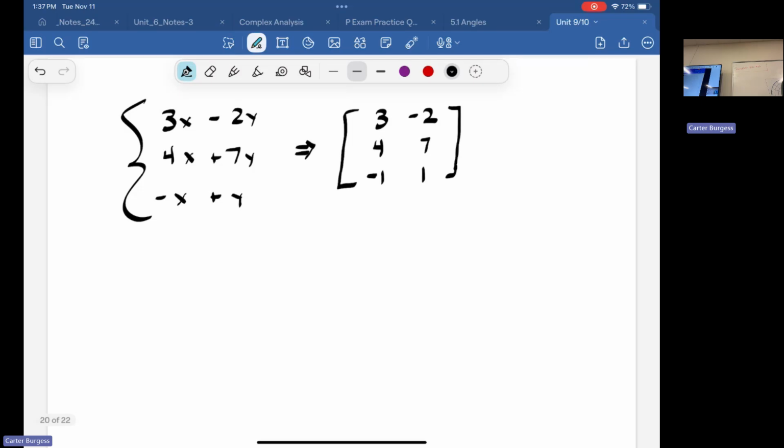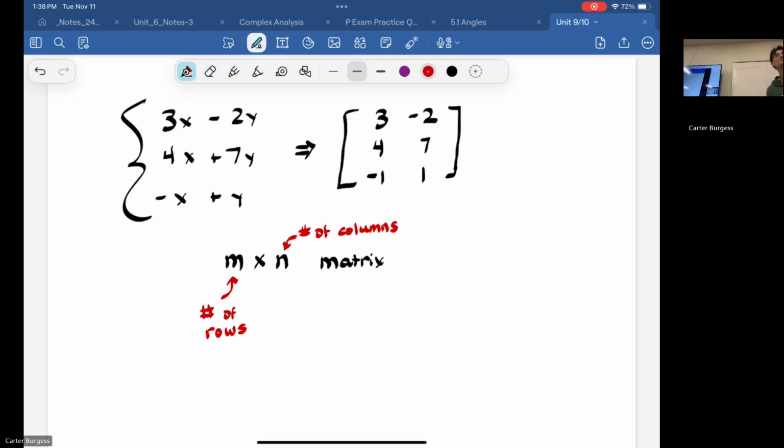So in this case, you'll see this as an M by N matrix, where M represents the number of rows and N represents the number of columns. So for instance, what kind of matrix would this example be? Yeah, this is a 3 by 2 matrix.